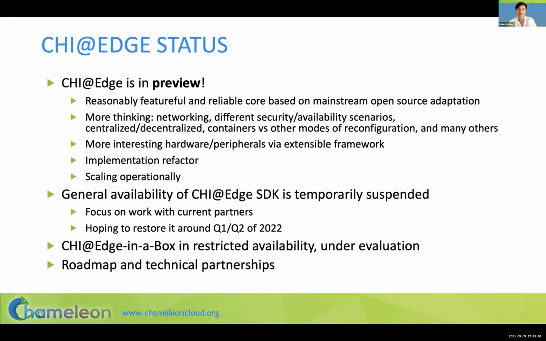Very excited to do that, to understand how we can work on developing CHIEdge or an edge platform in general together. But those platforms are very expensive to develop and operate, and we essentially would be happy to partner with others who have an interest and expertise in building similar systems.